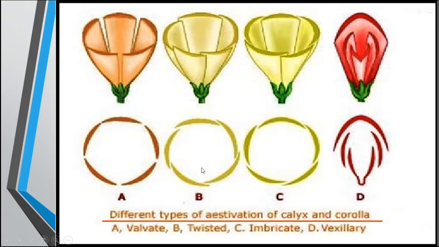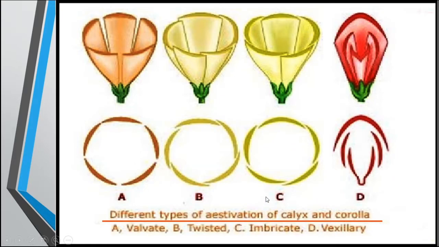Now twisted, that means one end is overlapped by another and its other end is overlapping the next. Such type of arrangement is known as twisted type of aestivation.